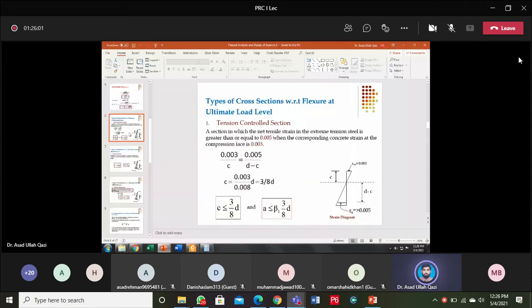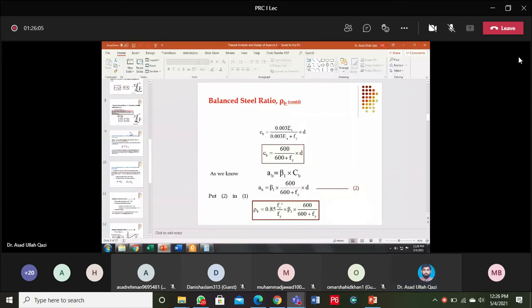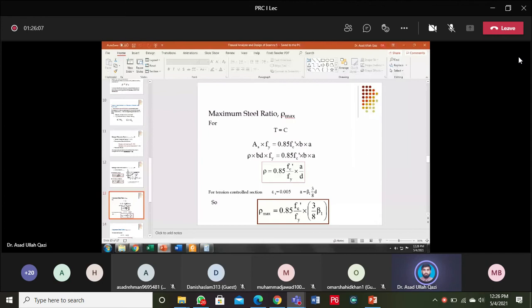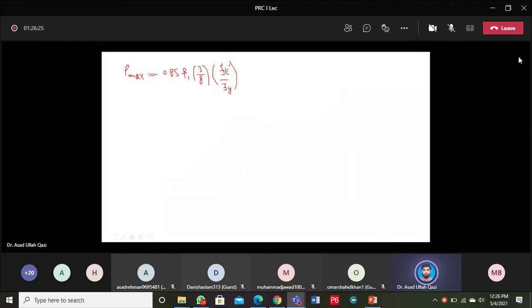This was rho balanced, then this was rho max. If you recall, we have done this derivation: 0.85 beta 1 3 over 8 into fc prime over fy. Now let me take you to that equation.